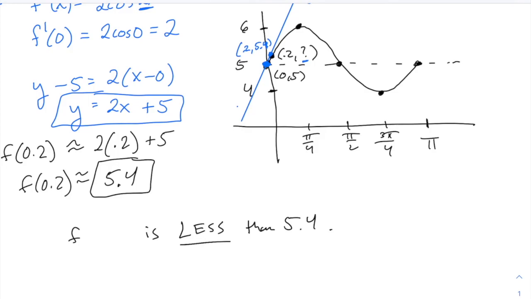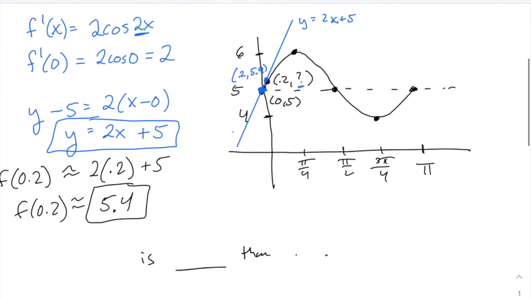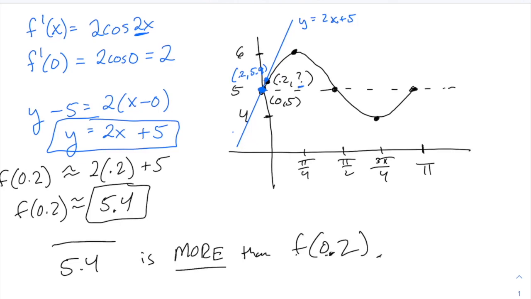They ordered it as, is my estimate more or less than the actual value? So my estimate of 5.4 is more than the actual value of f of 0.2. Sorry about that. Always got to read your question carefully. Everybody does.